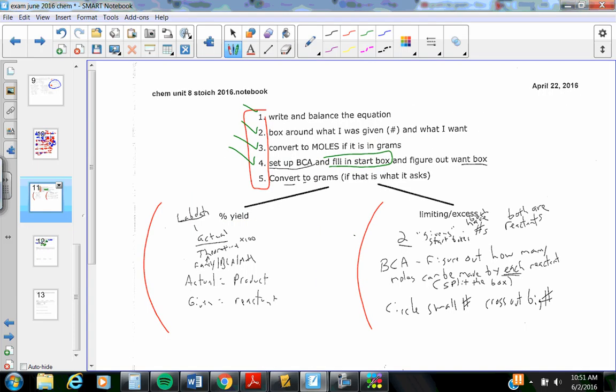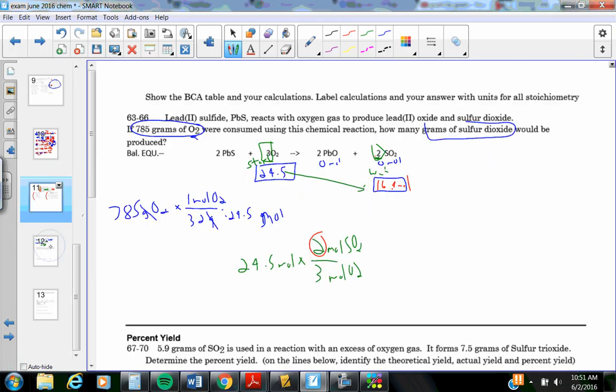Now I've set up, figured out my one box even. Last step, convert to grams, because that's what it's asking. It doesn't ask me how many moles of sulfur dioxide, it asks me how many grams.